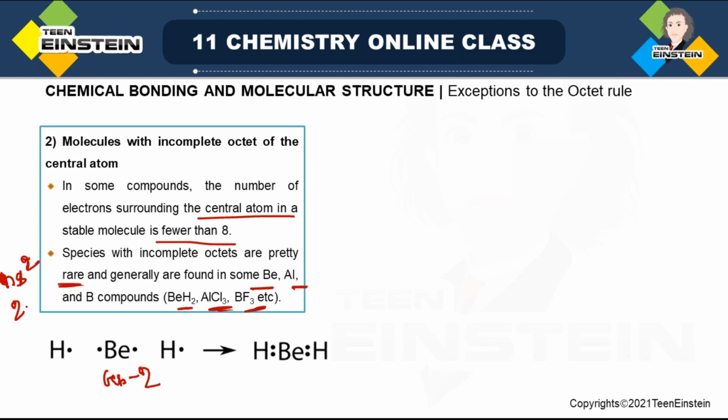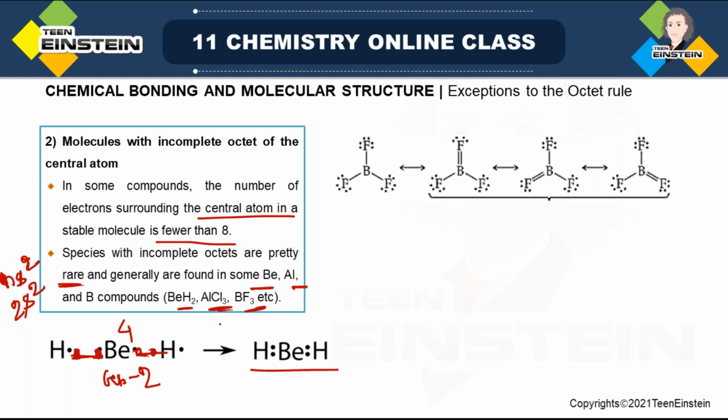It is in the second row, so it is basically 2s2, and the atomic number is 4, so 1s2 2s2, total 4 electrons. Both of these 2 valence electrons are used up in bond formation with hydrogen. So this is one bond, this is another bond, but surrounding beryllium, how many electrons are present? Total number of electrons 4. So the octet is not complete.